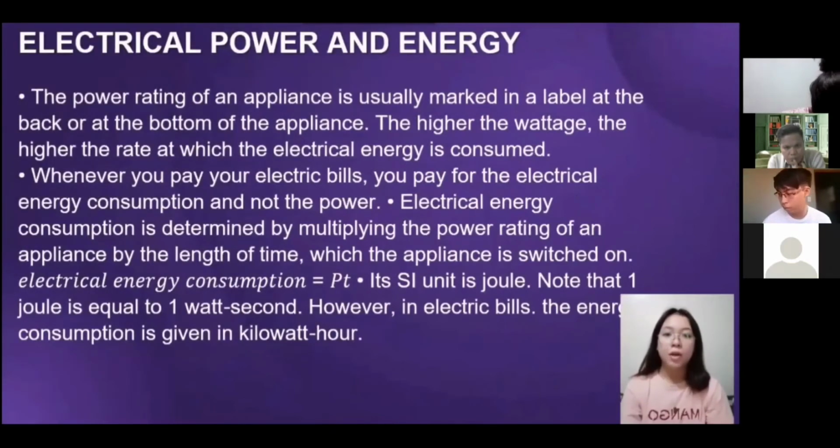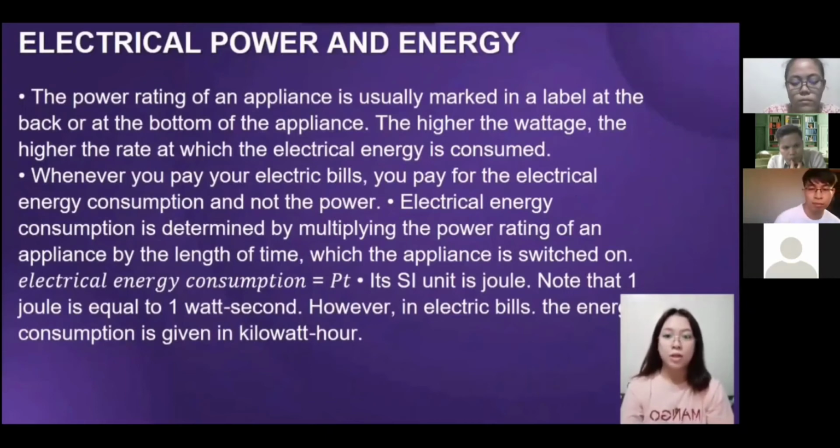The power rating of an appliance is usually marked on a label at the back or at the bottom of the appliance. The higher the wattage, the higher the rate at which the electrical energy is consumed. Whenever you pay your electric bills, you pay for the electrical energy consumption and not the power.